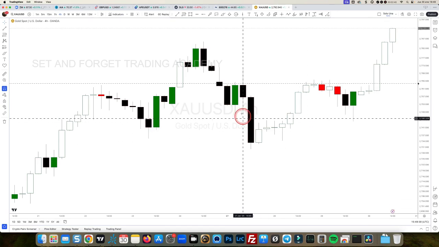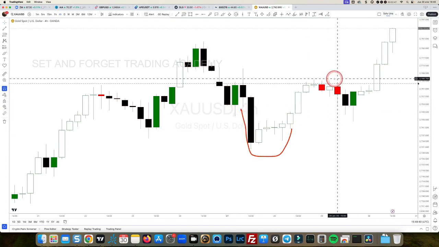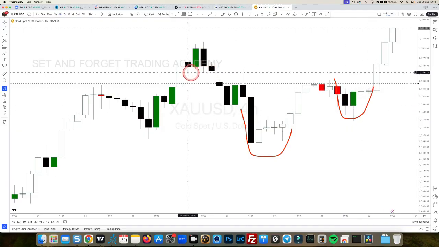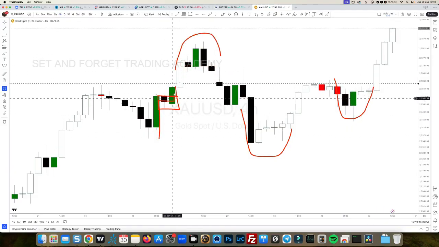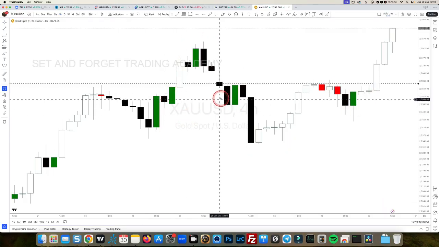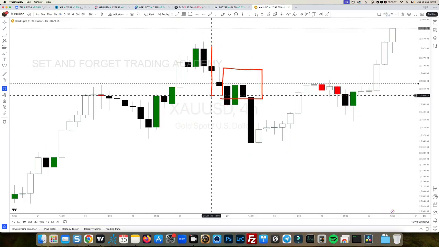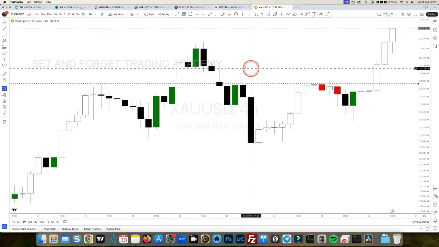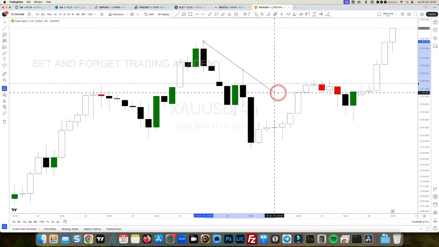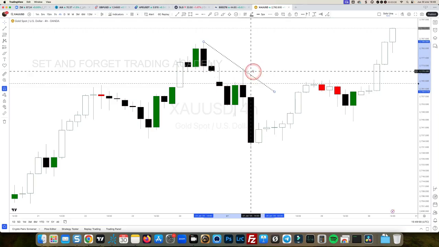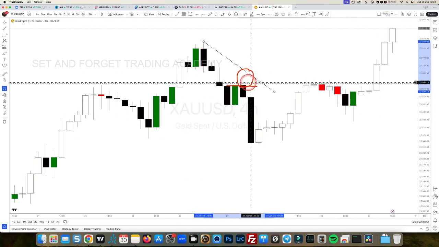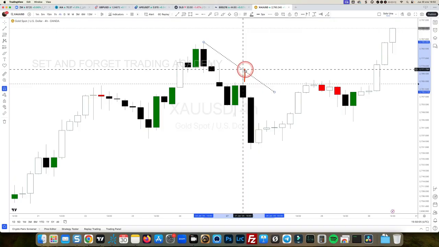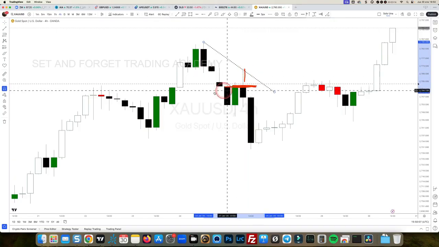Okay, so we are going to use valleys like this one or this one, and we are going to use peaks. This is a continuation pattern, rally base rally. We do not use that one. This is a continuation pattern, drop base drop. We do not use that structure to draw a trend line. We do not draw a trend line like this. Why? Because this is not a peak. You might say, wow, but look at this bearish wick. It's very high above this open and close.